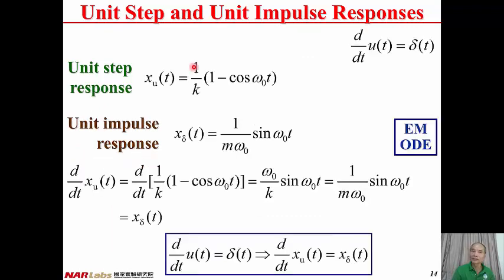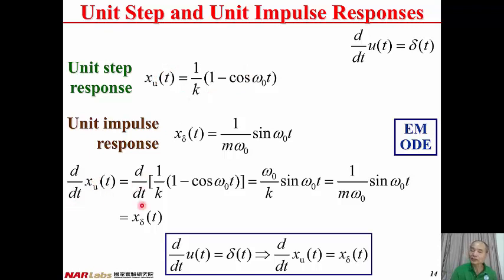And then we consider the response under unit step force and under unit impulse force. From the previous results, we have the unit step response x_u(t) equals 1 divided by k times 1 minus cosine omega 0 t, and the unit impulse response x_delta(t) equals 1 divided by m omega 0 times sine omega 0 t. Now we differentiate the unit step response with respect to t.